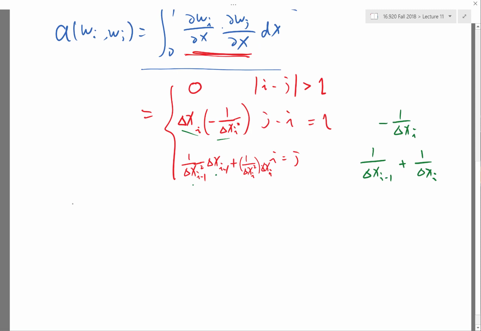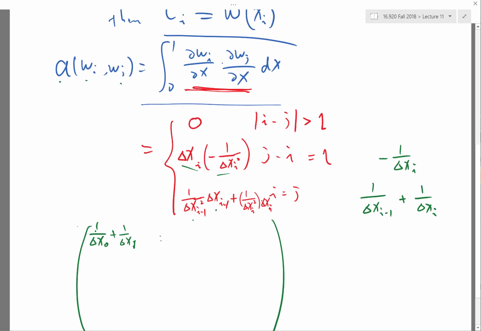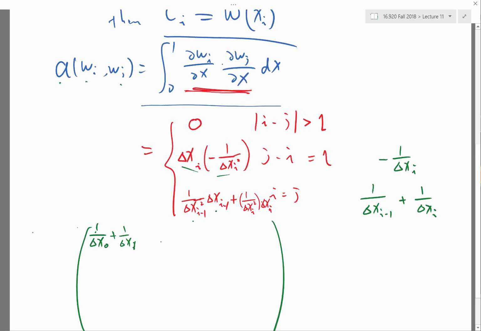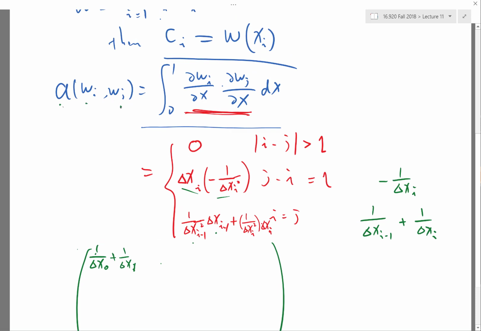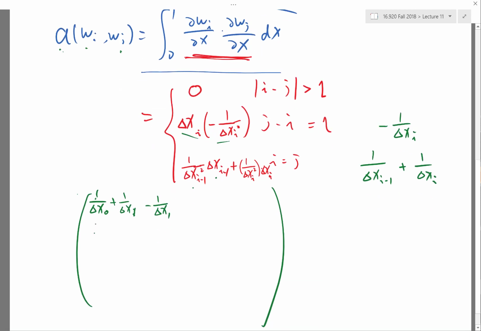Now what is my matrix? My matrix is going to be basically the first element is A(W1, W1), right? So it's going to be 1 over delta x0 plus 1 over delta x1, right? The second, the 1,2 entry is A(W1, W2). So the value is minus 1 over delta x1. And the value here is the same as its symmetric point.